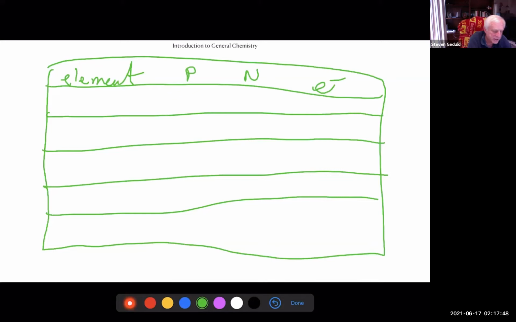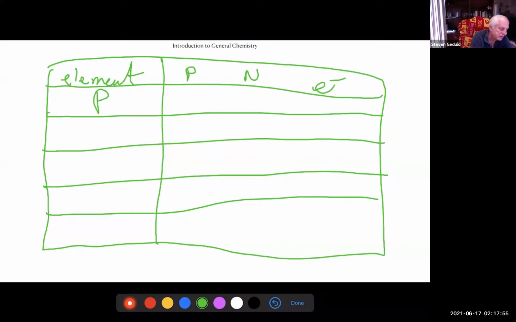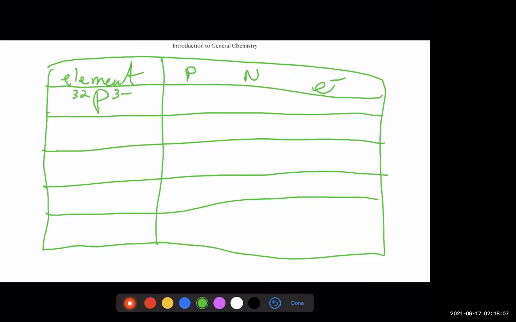So let's start with an element. Let's pick phosphorus. I don't know if this periodic table is going to be right, so let's do it this way. Phosphorus 32, it's 15, charge minus 3. All right.